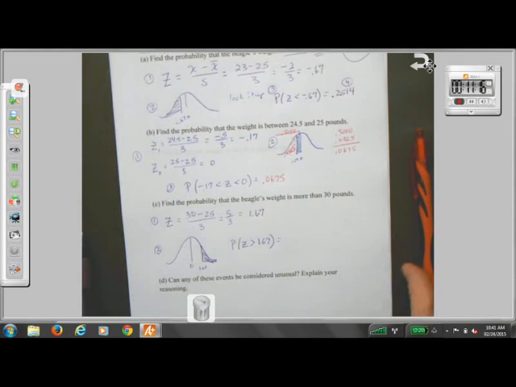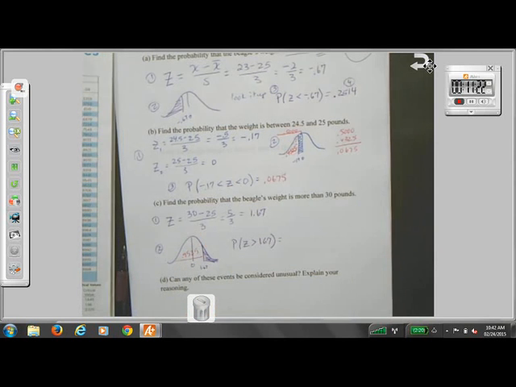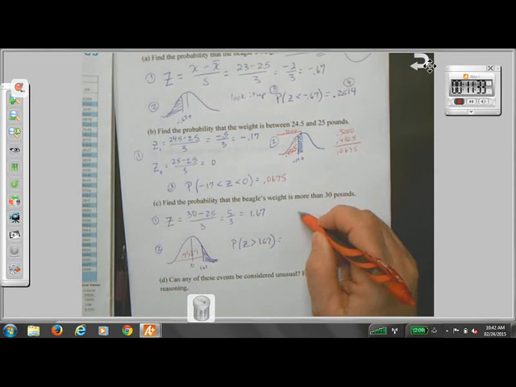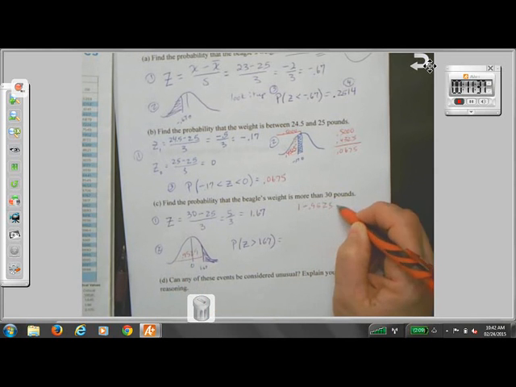Well, that's way too much. That's all of this. So we did learn that when you look this up and this is the value that you get, you know that's too much. So to get the answer, we just take this and subtract it from 1. So 1 minus 0.9525.